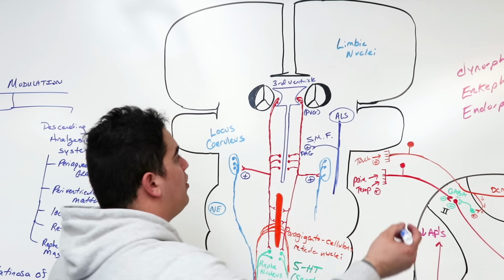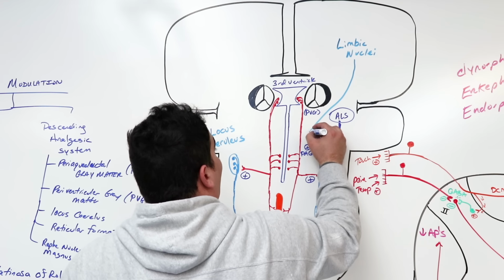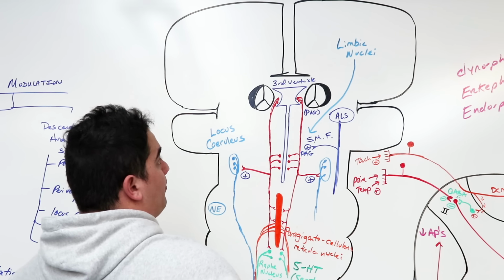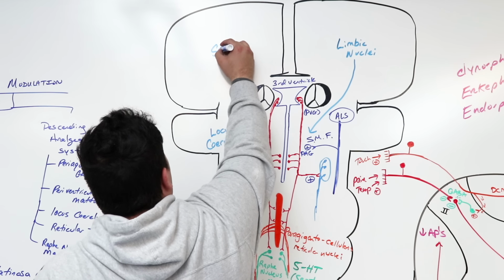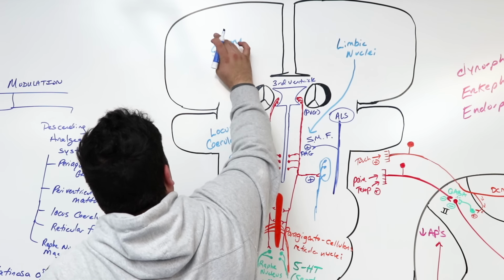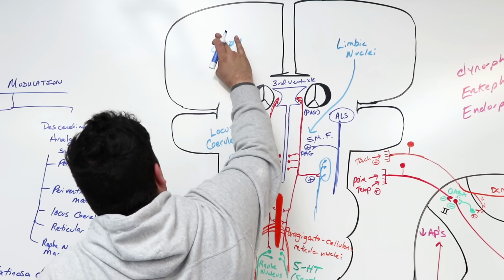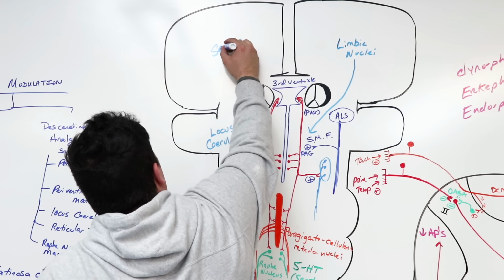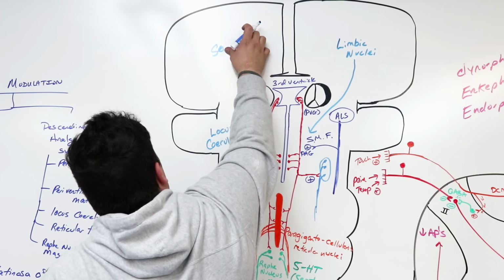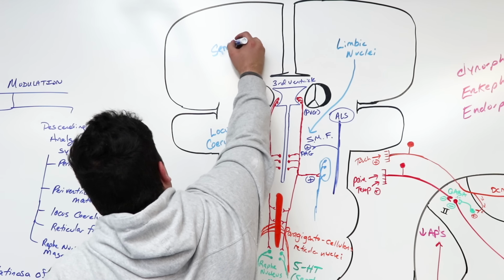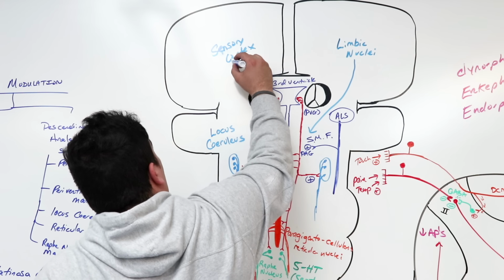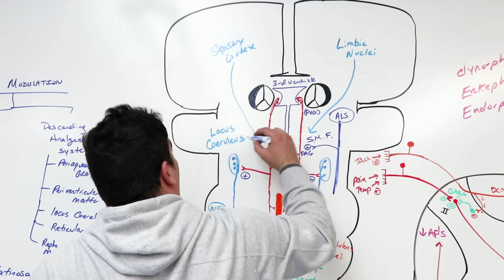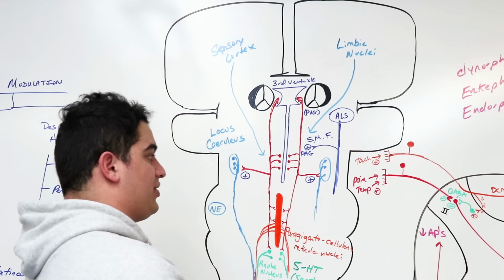There are so many different structures that can come down here and regulate the periaqueductal gray matter. What else? Parts of the cerebral cortex, maybe even the sensory cortex. The sensory cortex can send down information here, so even the sensory cortex has the ability to let the periaqueductal gray matter know when to fire action potentials downwards.